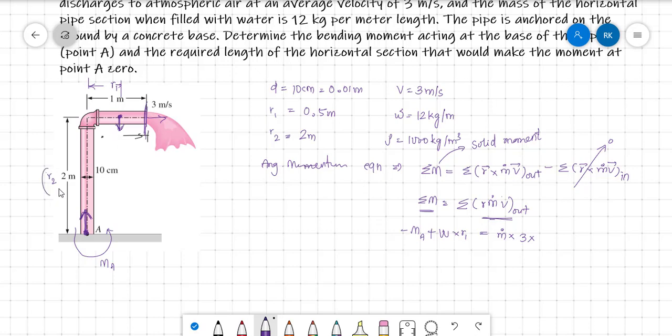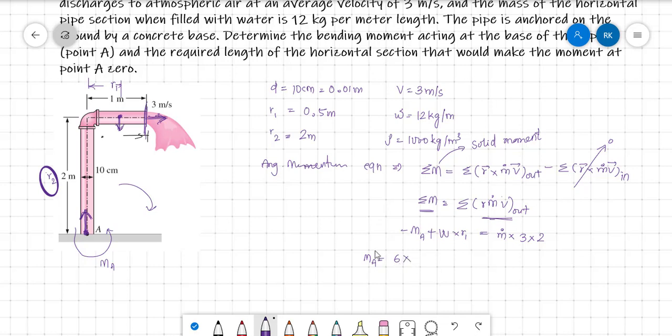So this r2 is the perpendicular distance of this velocity, so that is 2 meter. So what should be the sign? So this is going outside, and about this point, that is clockwise, so that will be positive. Finally, MA, the resisting moment at A is equal to 6, 3 2 is 6 into m dot.